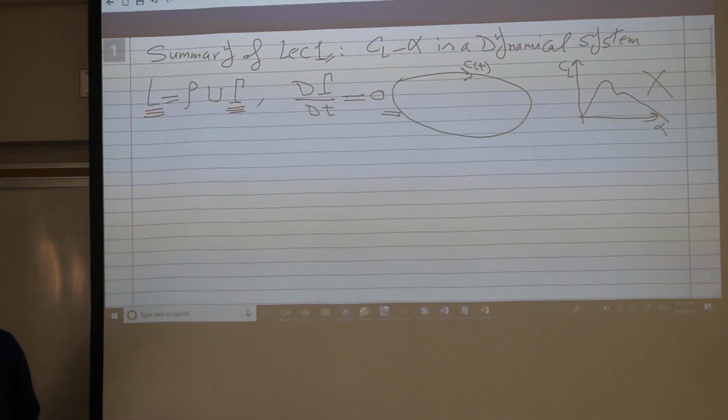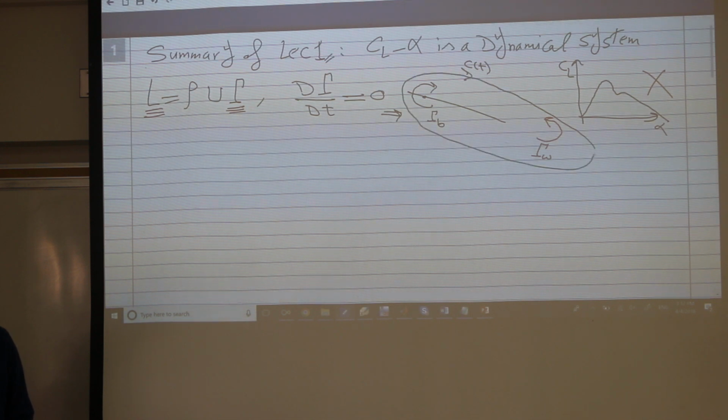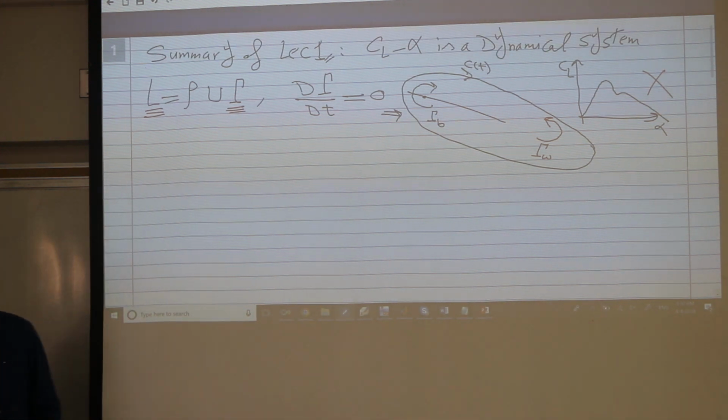So these two statements, the lift is essentially due to circulation and the rate of change of circulation is zero, imply that for a circulation to show up around the airfoil, gamma bound, which will result in the lift, another circulation, perhaps in the wake, has to show up, right? So that the total circulation remains the same inside some fluid bound. Okay?